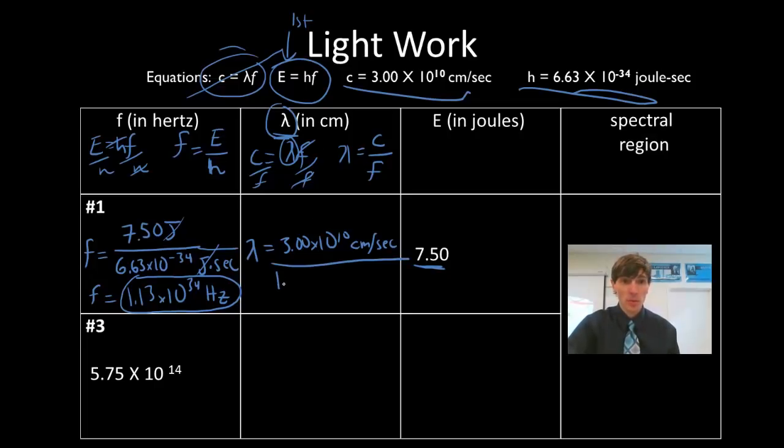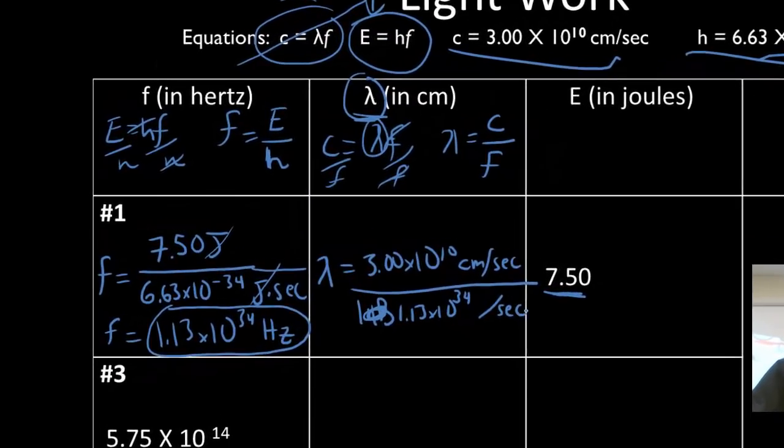It was 1.13 times 10 to the 34th hertz. Or the unit for hertz is per second. I'm doing that so I can show you the units canceling. So I have per seconds on top and per seconds on bottom. Same thing on top and bottom, they cancel, leaving me with the unit of centimeters, which is a unit of length, which is okay for my wavelength.